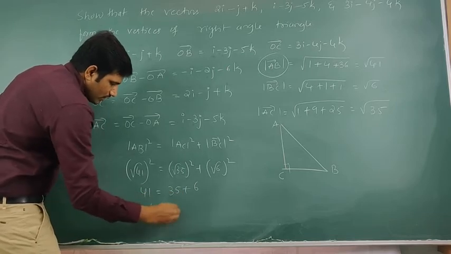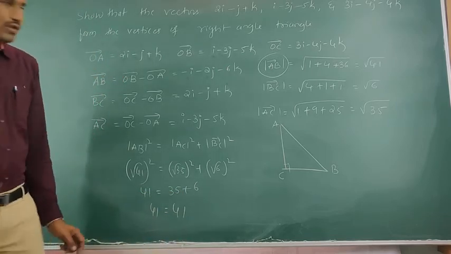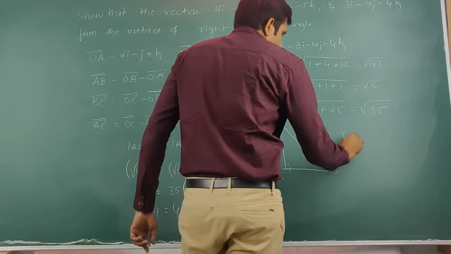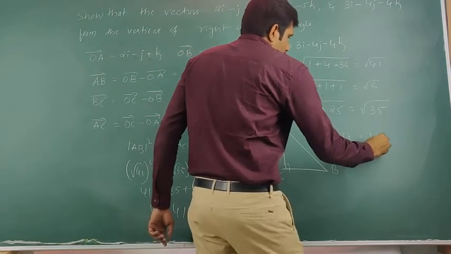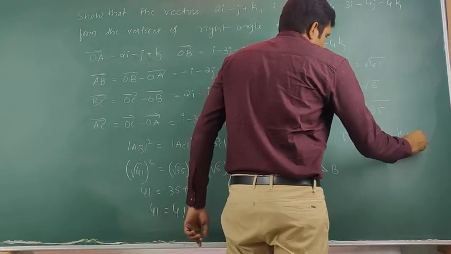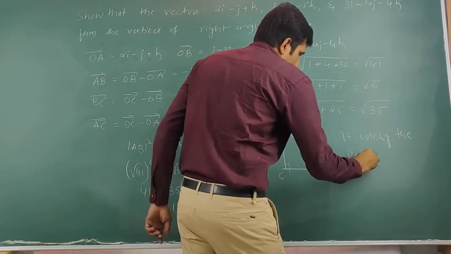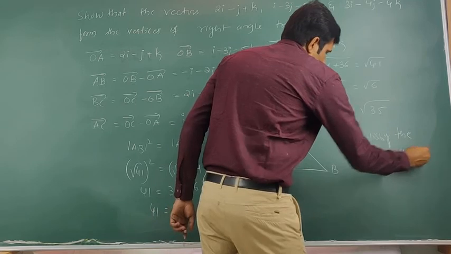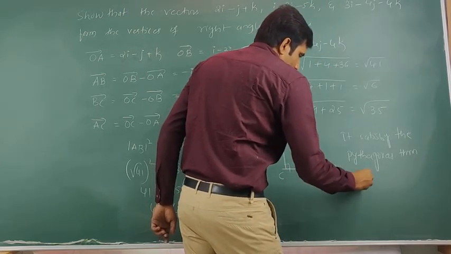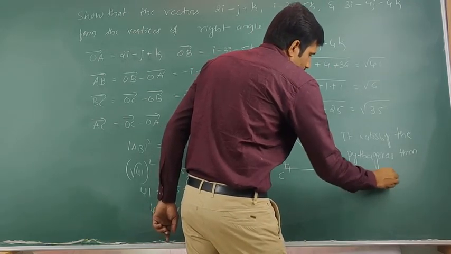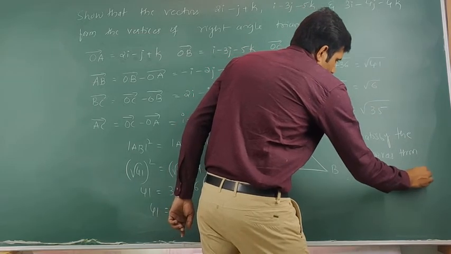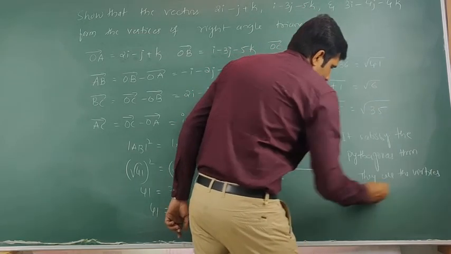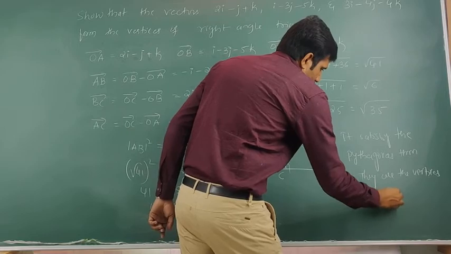So 41 is equal to 41. Therefore it satisfies the Pythagoras theorem, and therefore they are the vertices of a right angle triangle.